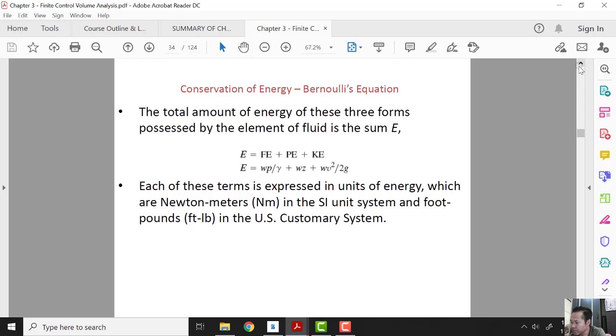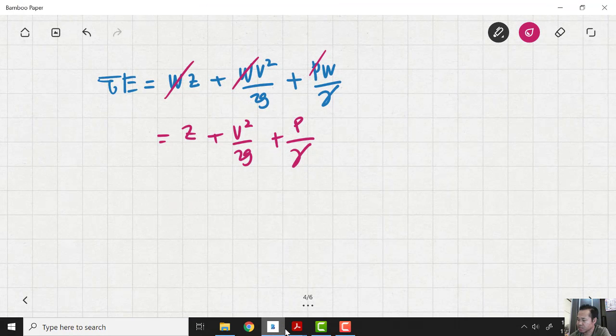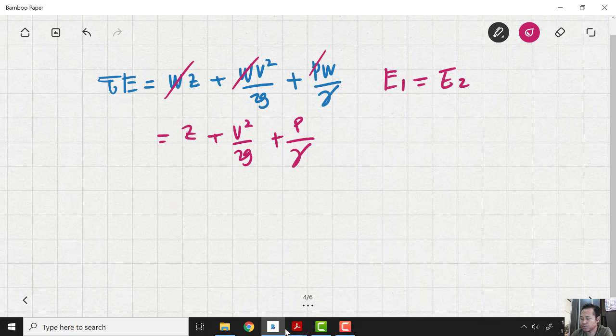Okay, we have here the total energy. Since the weight is the same, what is left is this. We know that energy is conserved in the system, so energy at point 1 is equal to energy at point 2.